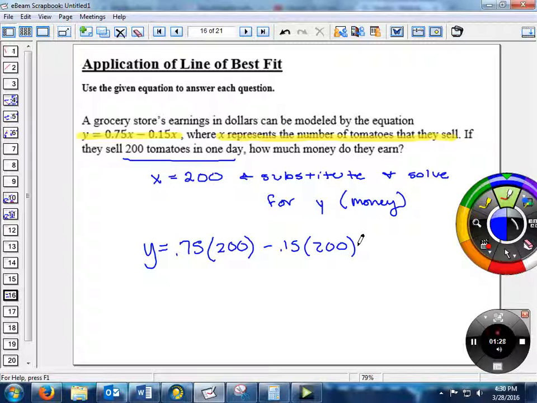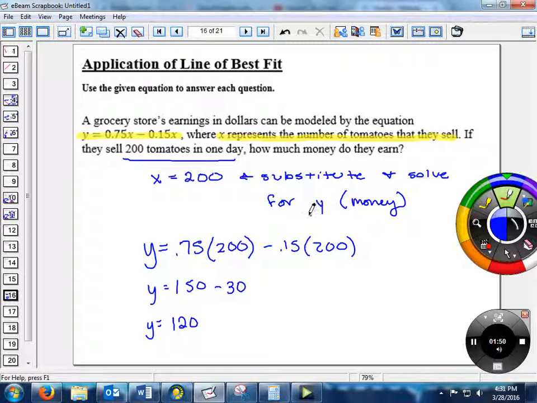Now all you're doing is just evaluating. So 0.75 times 200 is 150. And then 0.15 times 200 is minus 30. So now y equals 150 minus 30, which is 120.